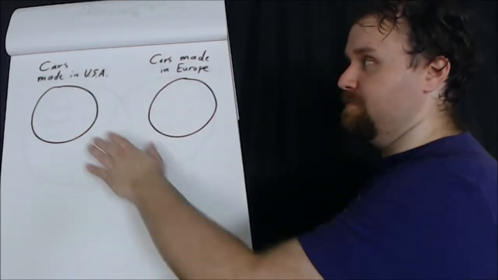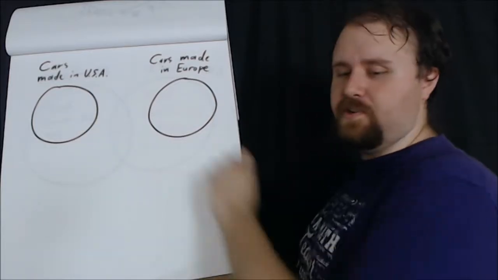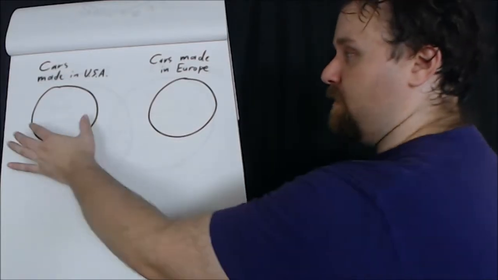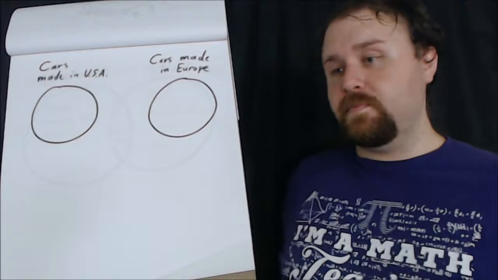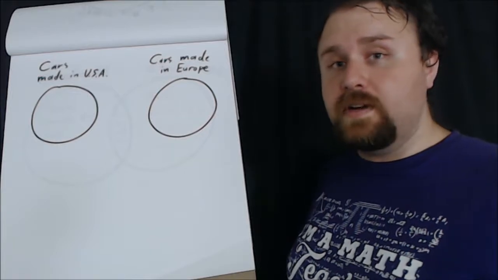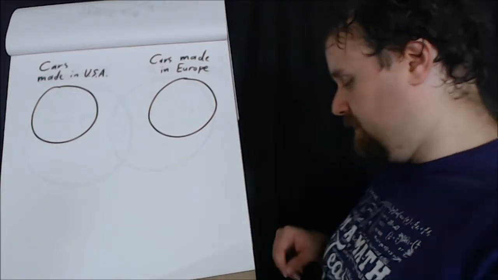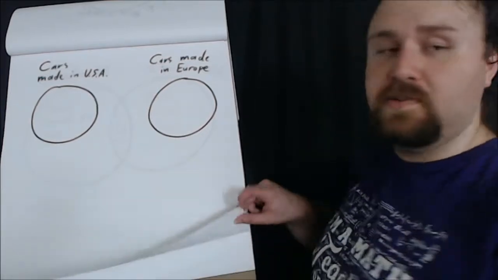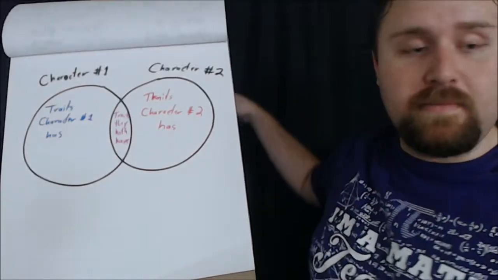You can't have a car that was both finished in the US and finished in Europe. So that's why these 2 categories would be separate. And for many other categories, there is overlap. And so that's why most Venn diagrams you see will look like the one that we had before.